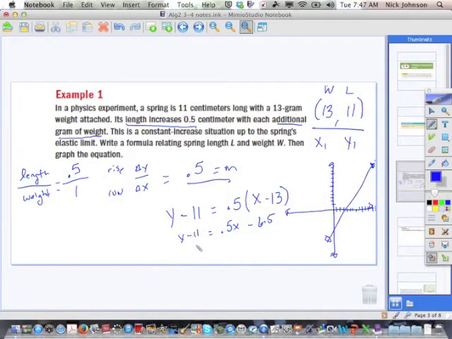And then what I could have done was add 11 now. When I add 11, I get y equals 0.5x, and if I add 11 to negative 6.5, that leaves me with 4.5.